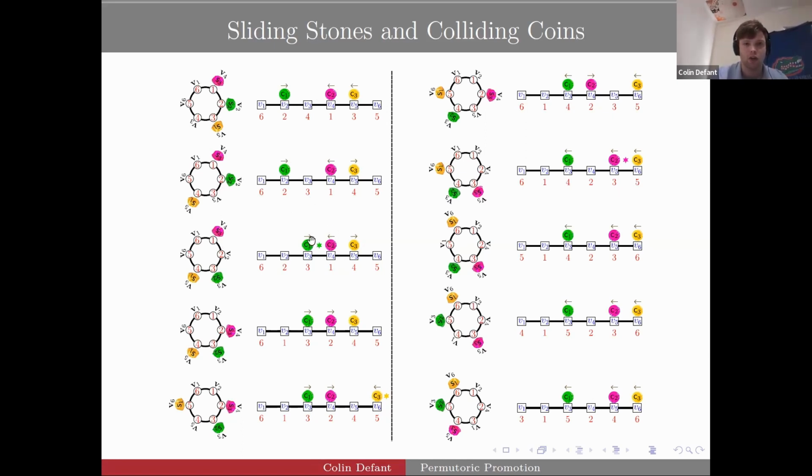So I draw this little green star here to represent that these coins have collided when the green coin moved over one step. And then similarly down here, the gold coin moved over one step and collided with this wall on the right-hand side. So I draw this little gold star to represent that collision. And then if I keep going, you can see the pink coin moves over and collides with the gold coin here. So I have this pink star.